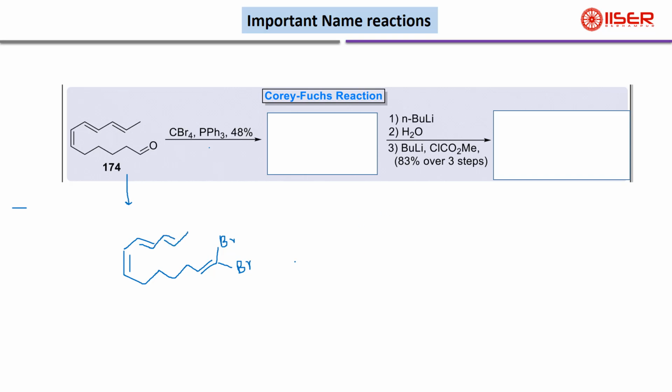After that they have added butyl lithium, so it will give butyl lithium and water. Both of them will give us our alkyne, a terminal alkyne with a hydrogen.